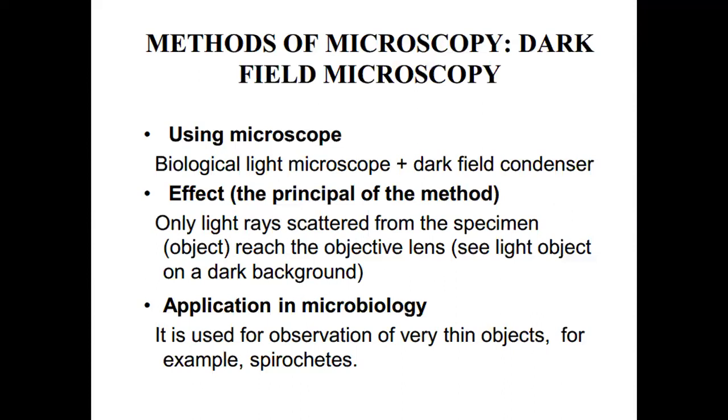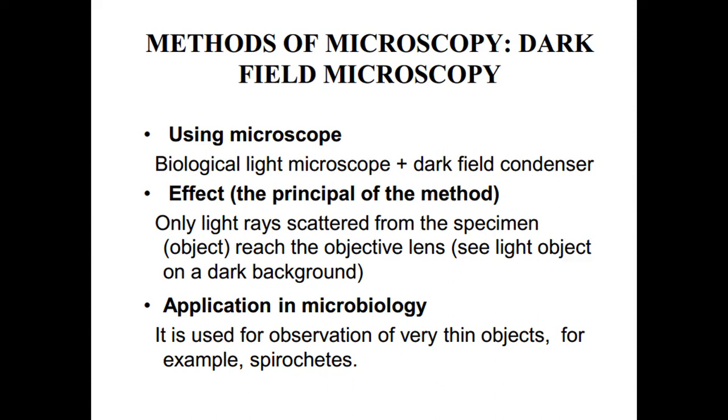The next method is dark field microscopy. This is also light microscopy but using a specific dark field condenser. In this case, only light rays scattered from the specimen reach the objective lens. This microscopy can be used for bacteria which are weakly or poorly stained.